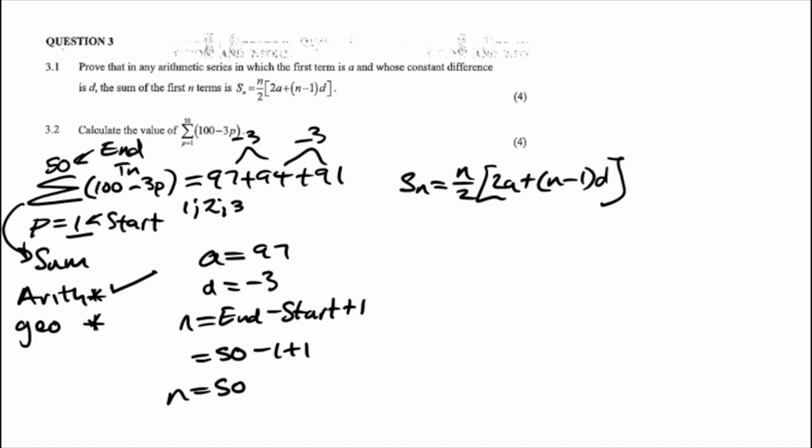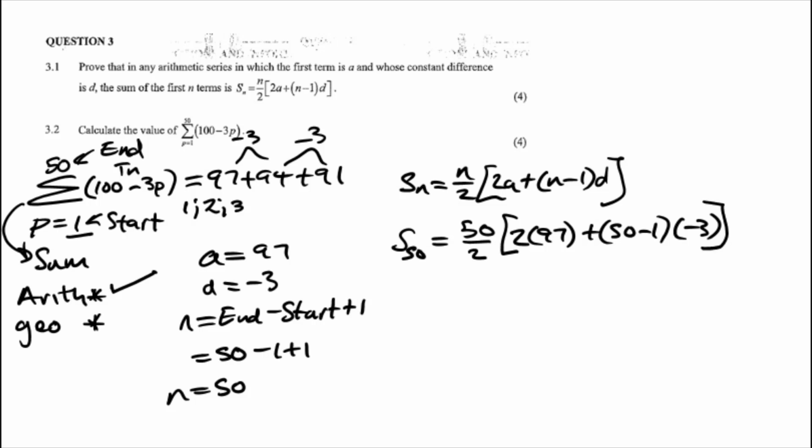So now we can say the sum of 50 terms is equal to 50 over 2, and we have 2 times our first term 97 plus (50 minus 1), and then our difference is -3, which now if we substitute into our calculator, we'll find that our answer is 1175. So that is how we solve our question.